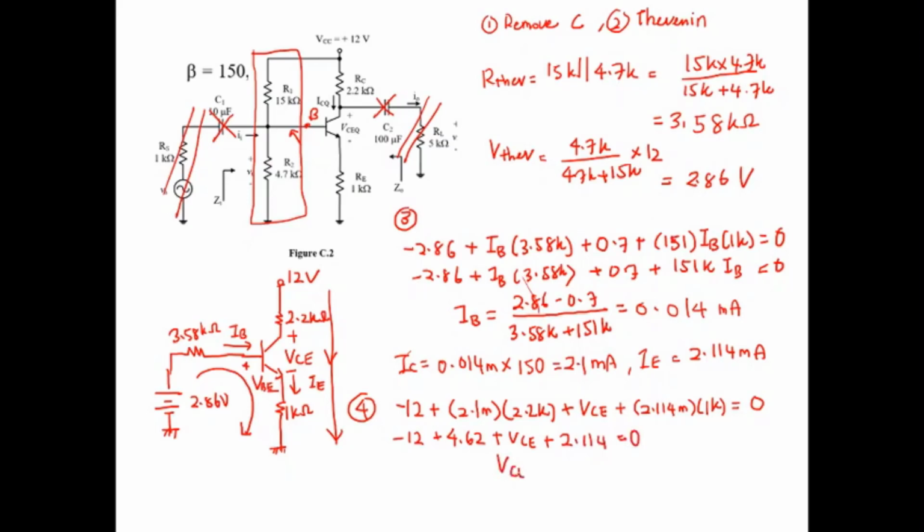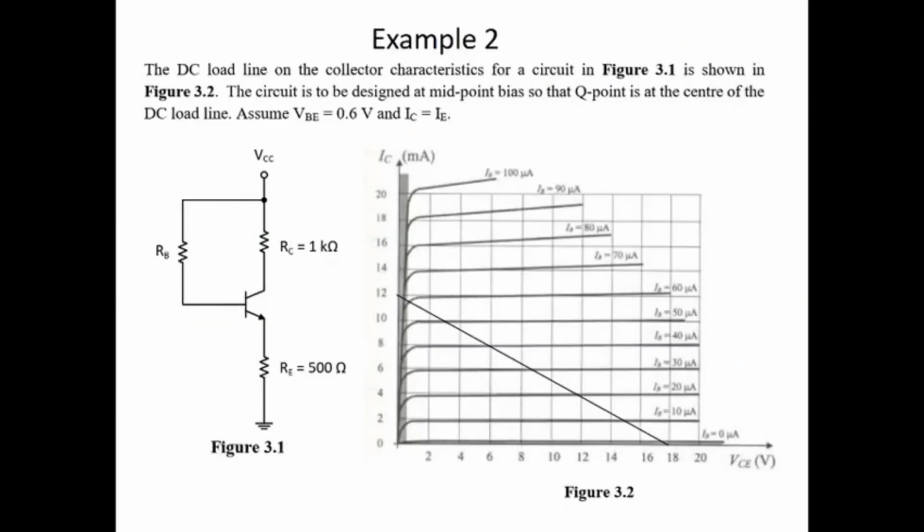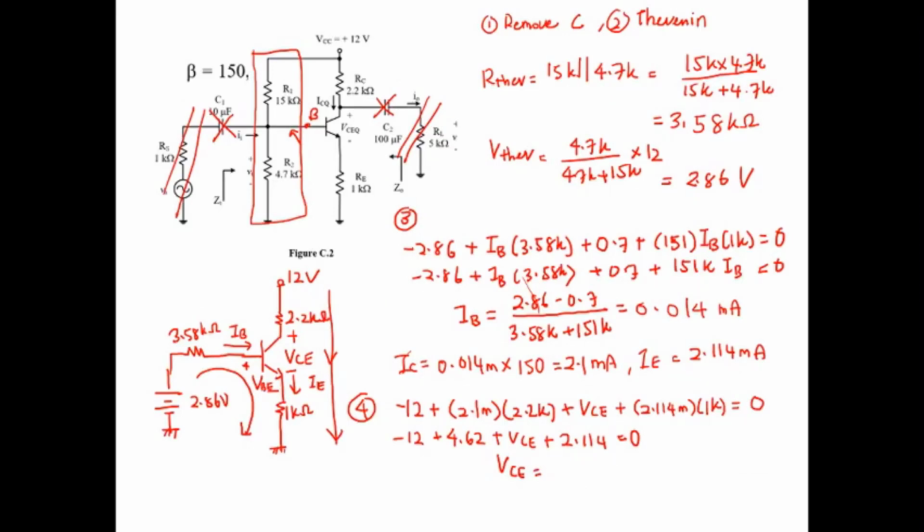So VCE is 12 minus 4.62 minus 2.114, so you get 5.3 something. Okay, so this is our calculation.